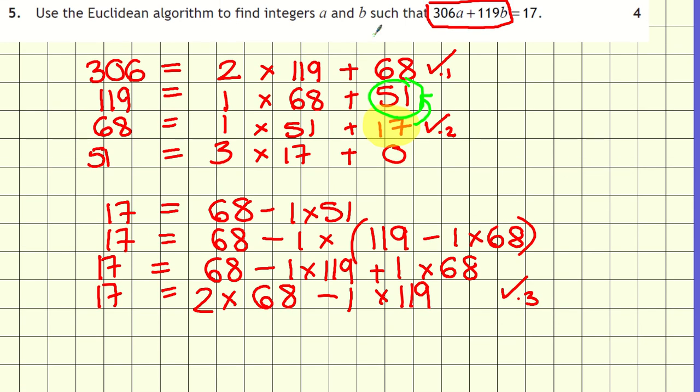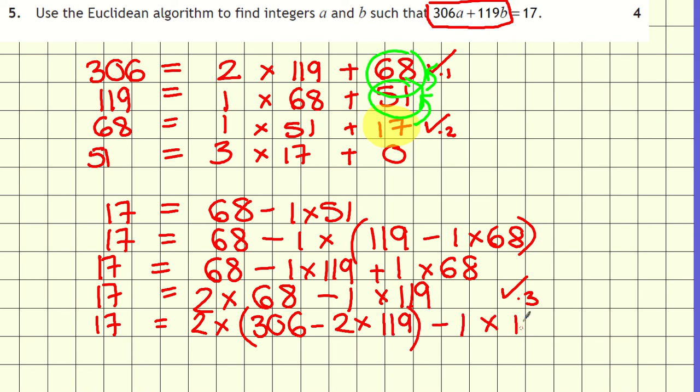Right, back up to the start, you're going to move up to your next remainder, which is 68. So whenever you see that, change it in terms of that line there. Okay, so whenever you see a 68, I'm going to change that as 306, take away 2 times 119.